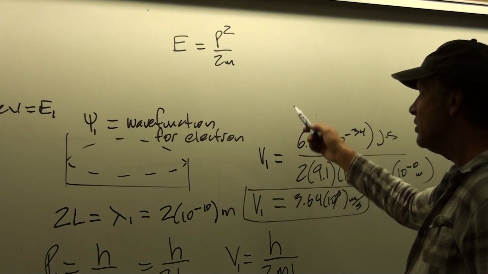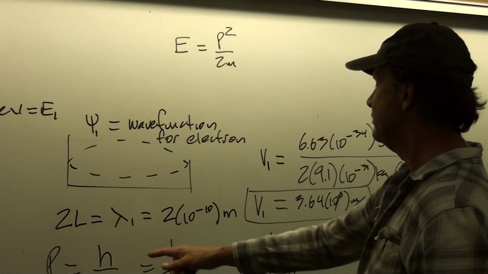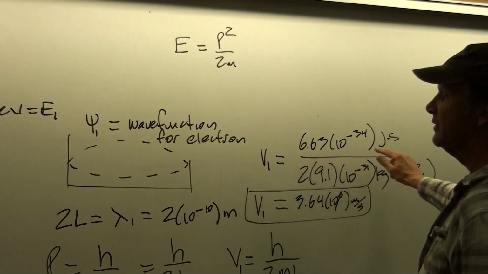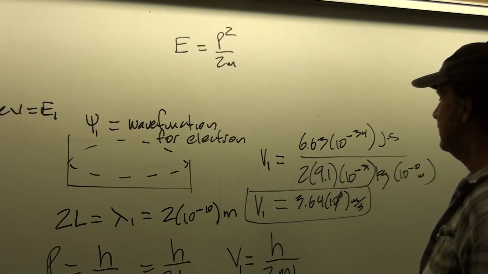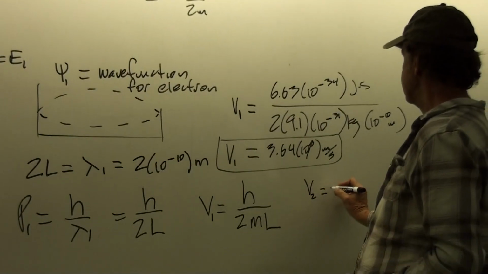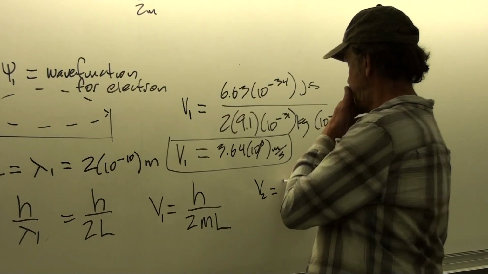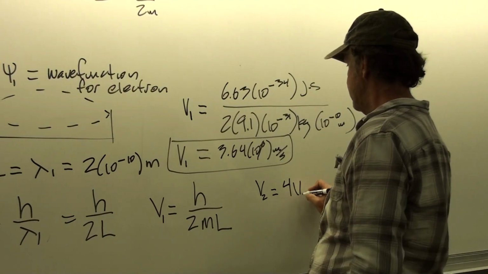Okay, and so you can work this through and just verify it for yourself with p2 and then solving for v2 the same way that I did here. What you'll find is that v2 is going to equal 2 times v1. Okay.